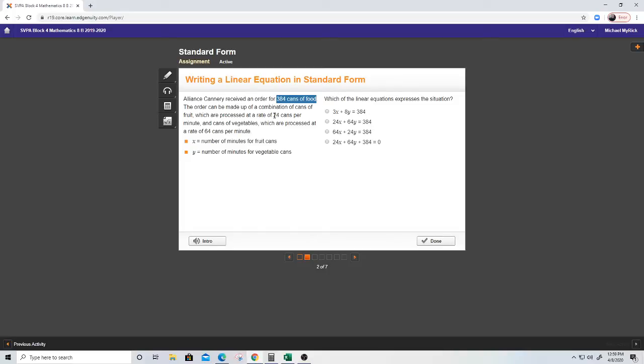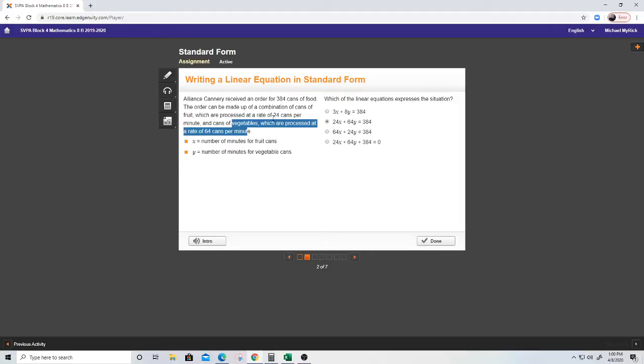Notice that 24 cans of fruit is a type of food, right? Fruit, type of food. It's going to be on the left side with a friend, and that friend is also going to be a type of food. So here we go, vegetables are 64.